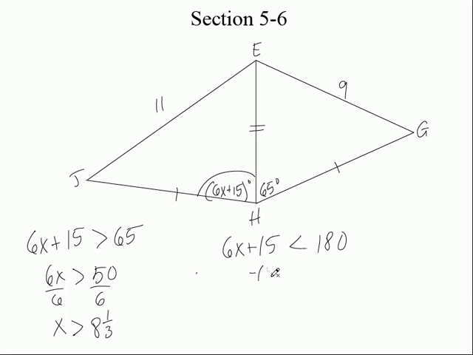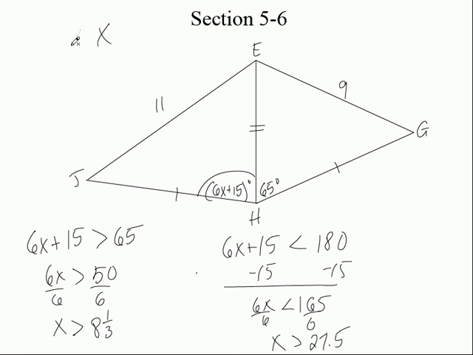All right, so you subtract 15 from both sides, and what's that? 6x is less than, what's that, 165? Divide both sides by 6. I don't know what that is off the top of my head. Let's see the book. It's 27.5. So what are your ranges of possibilities for x? Because you can't really solve for x, because x could be a lot of different values.